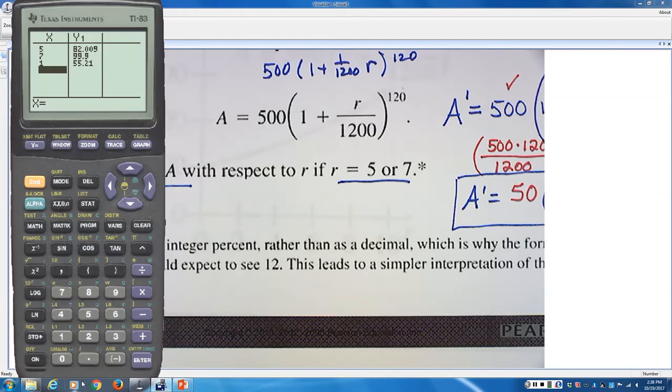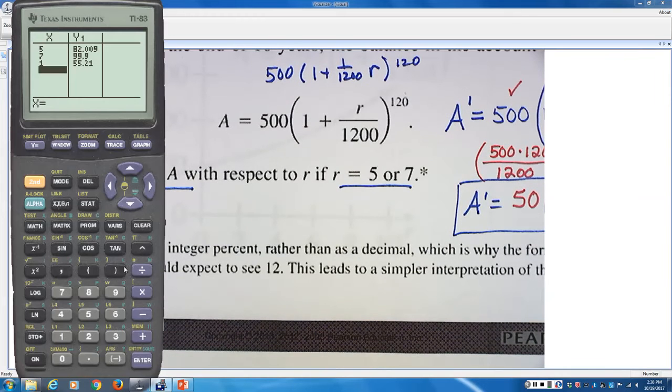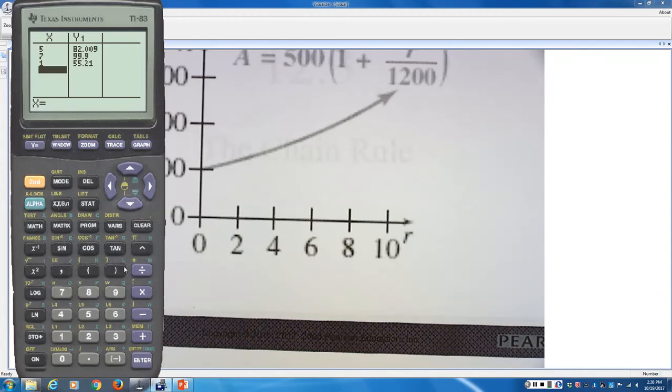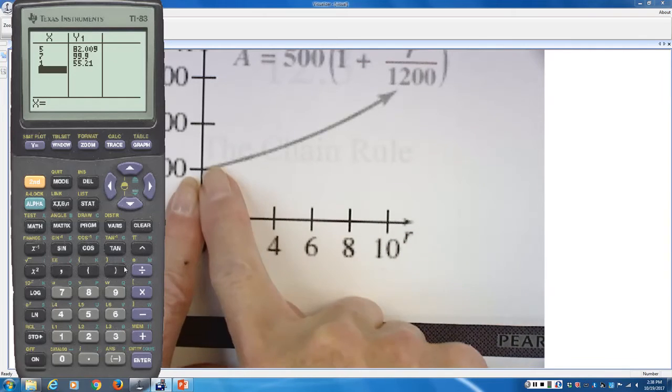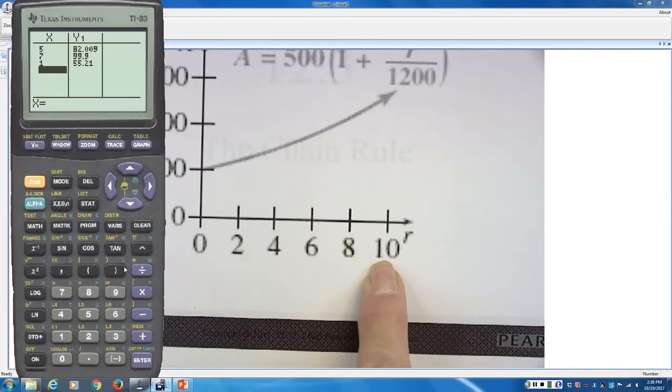That's where it's changing over the life of the loan. And you can see here that since these are the values of R, your compound interest amount goes higher and higher and higher as your interest rate goes higher.